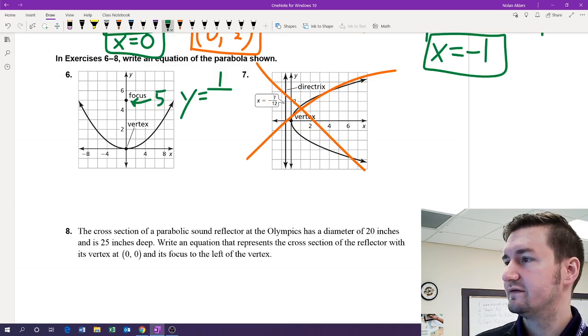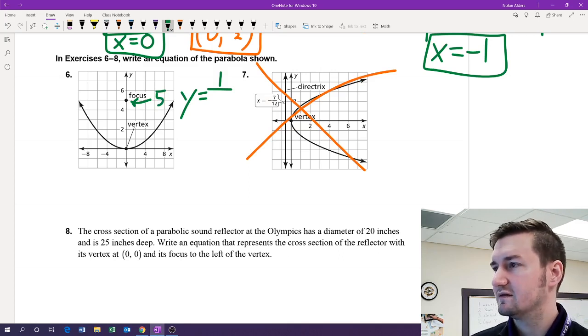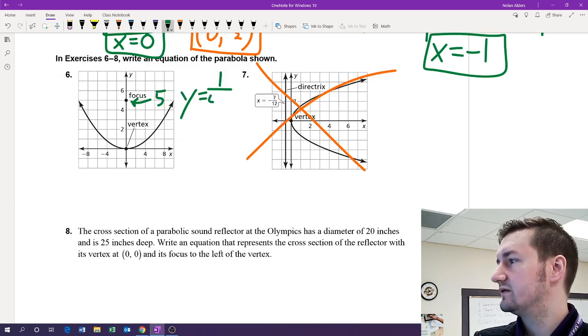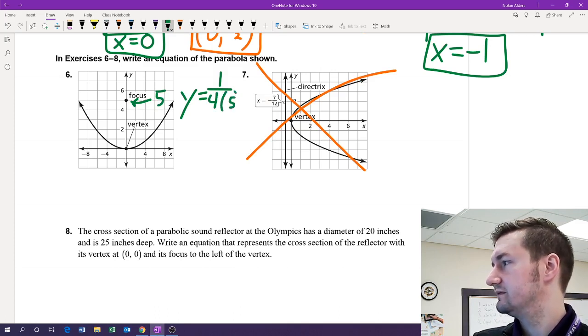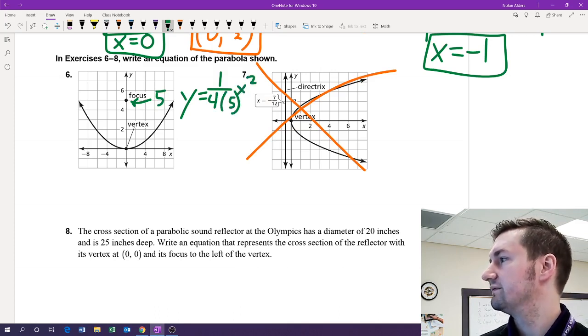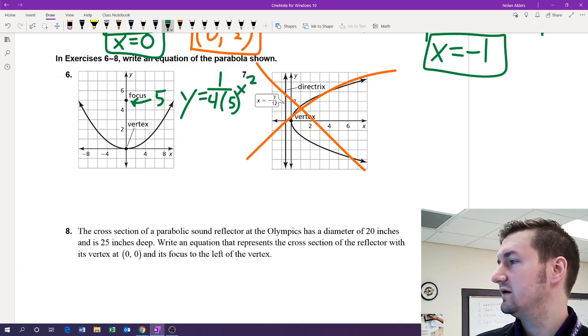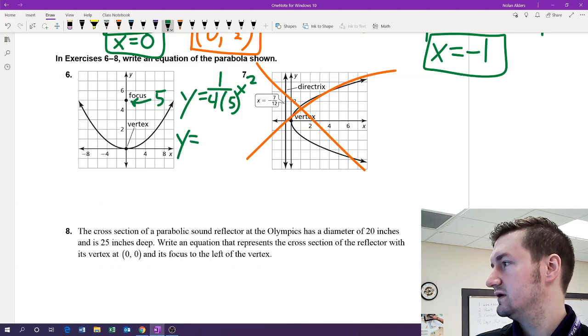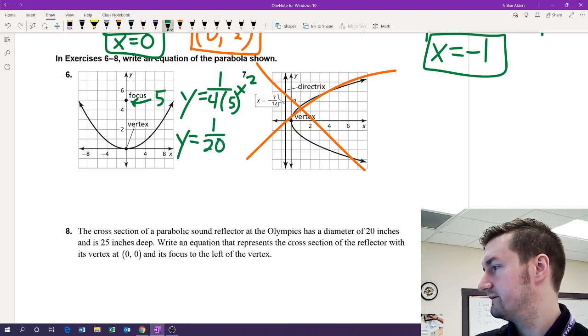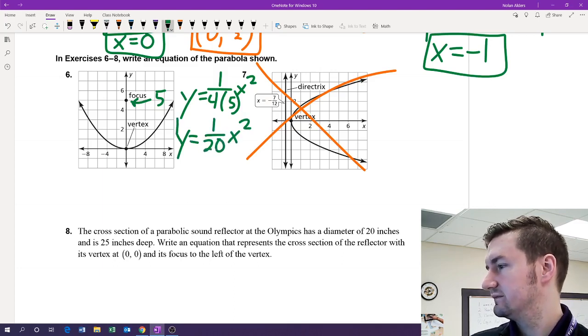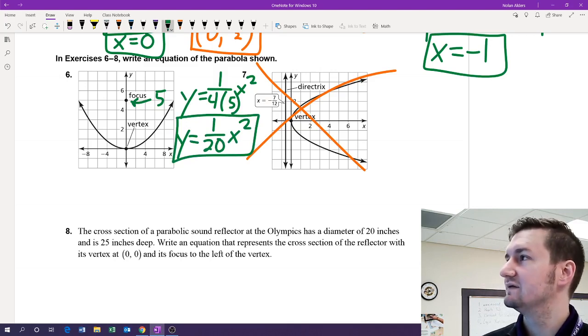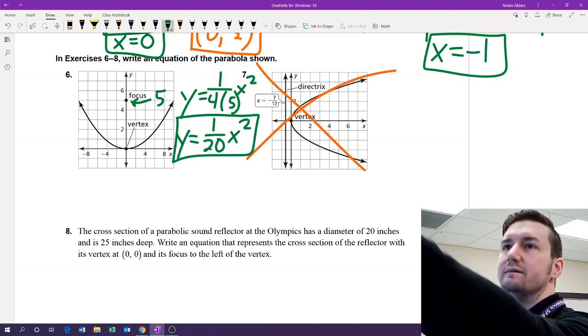It's 5 away from the vertex. So it's going to be 1/4 times 5, x squared. So 1/4 times 5x squared is 1/20 x squared. And that is our equation for this parabola.